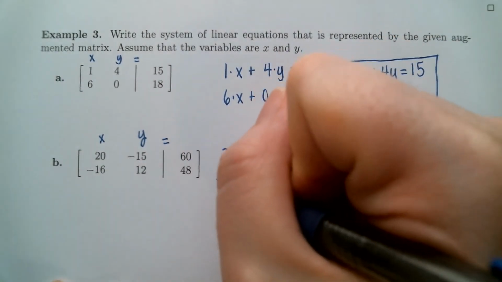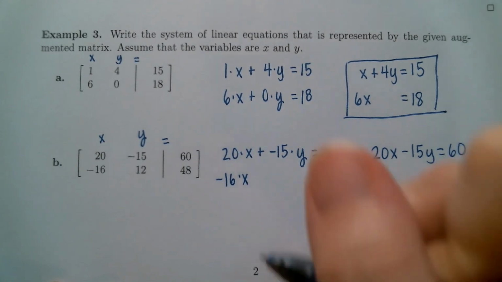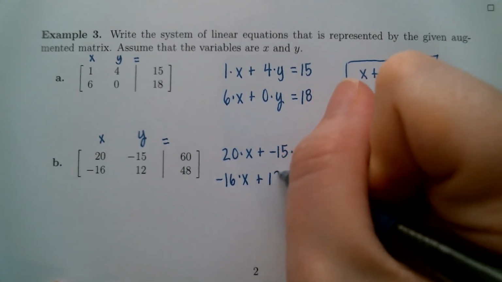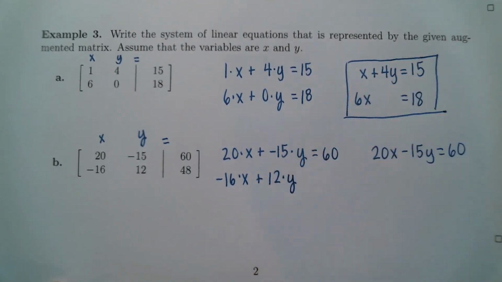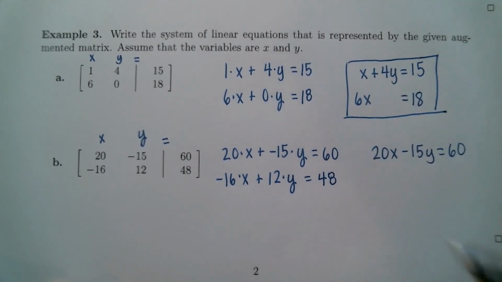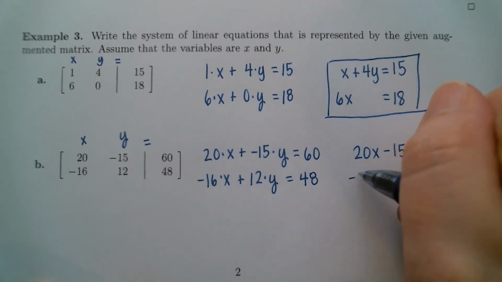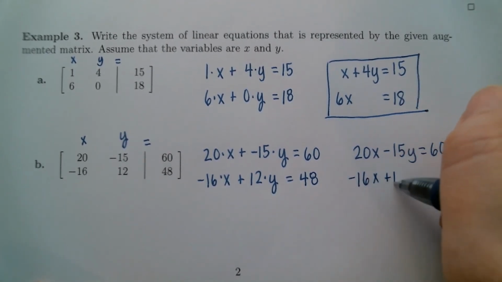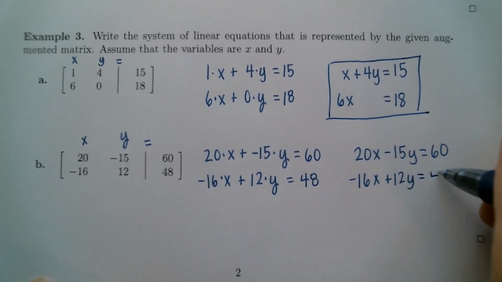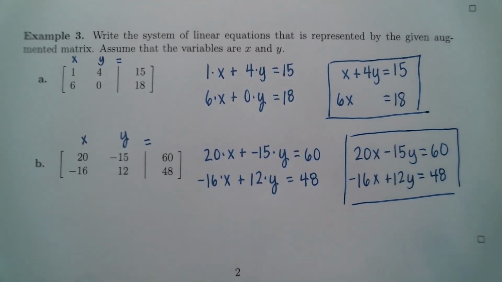The negative 16 is the number in front of x, so negative 16 times x, plus 12 is the number in front of y, so 12 times y. That's got to equal 48. So clean it up. We'll get negative 16x plus 12y is equal to 48. Here's your system of equations that is represented by that augmented matrix.